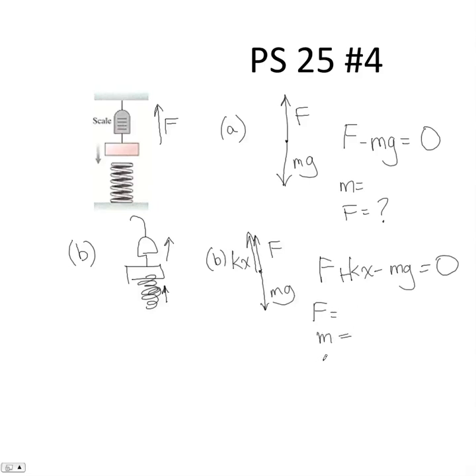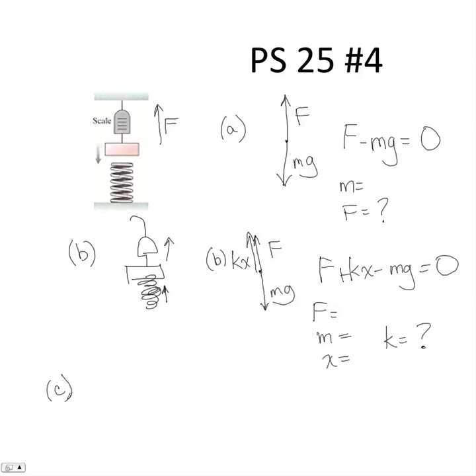They gave you x, and they're asking you to calculate k. Well, if you know F and m and g and x, you should be able to calculate k from this equation.